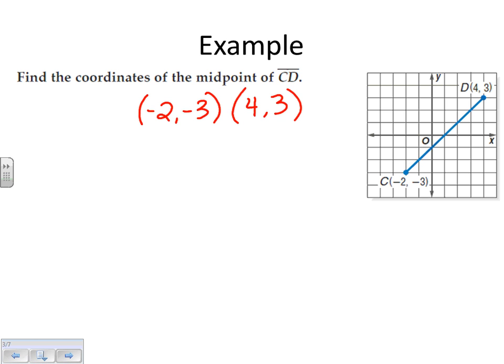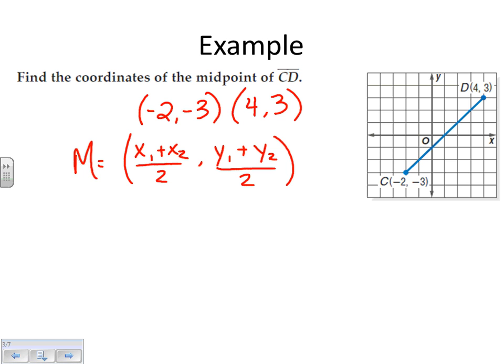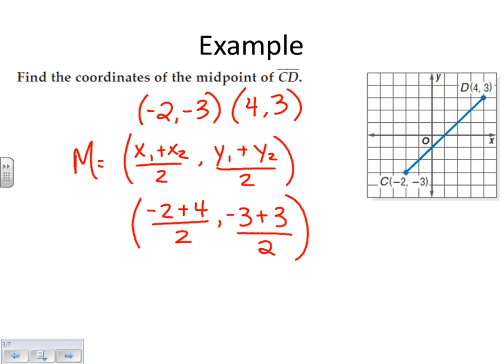Okay, remember my midpoint formula was the average of the x's, (x1 plus x2) divided by 2, comma, (y1 plus y2) divided by 2. So here I'm going to put in x1, which is -2, plus x2, which is 4, divided by 2, comma, y1, which is -3, plus y2, which is 3, divided by 2.